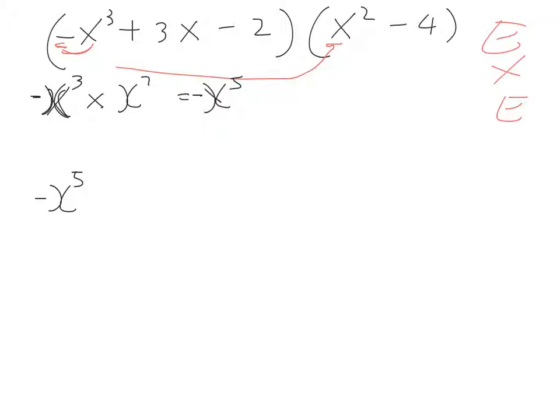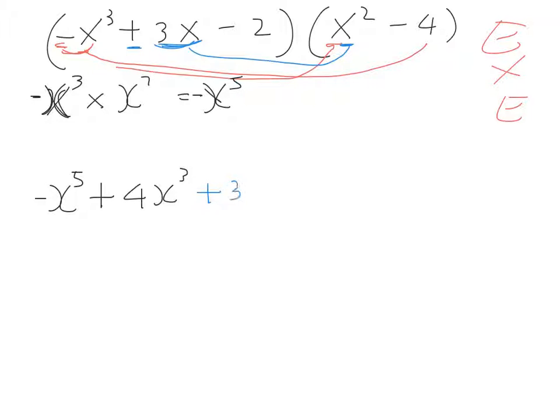Then we've got this minus x cubed again, multiplied times minus 4. Look, in this case we've got minus times minus, which becomes positive, so we've got plus 4x cubed. Then we pass to the 3x, which is positive, and we multiply times x squared, so we've got positive 3x cubed. Why x cubed?